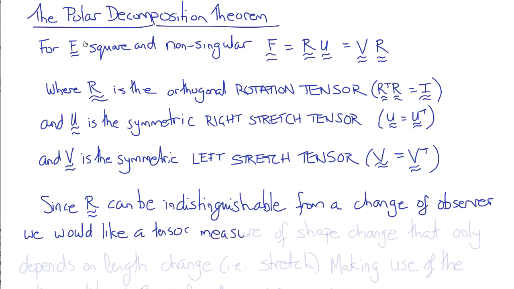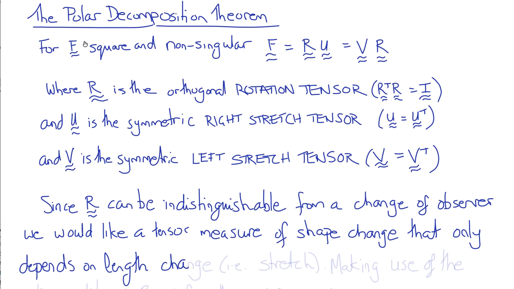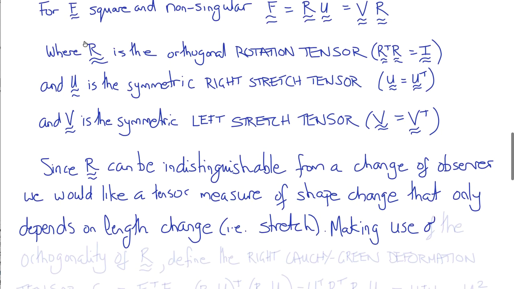So we want to find a tensor measure that preserves the stretch U, or V, but eliminates R. Now, U and V could be used, but the polar decomposition theorem is difficult to compute. So instead what we do is we square F and make use of the orthogonality of the rotation to eliminate it in the product.